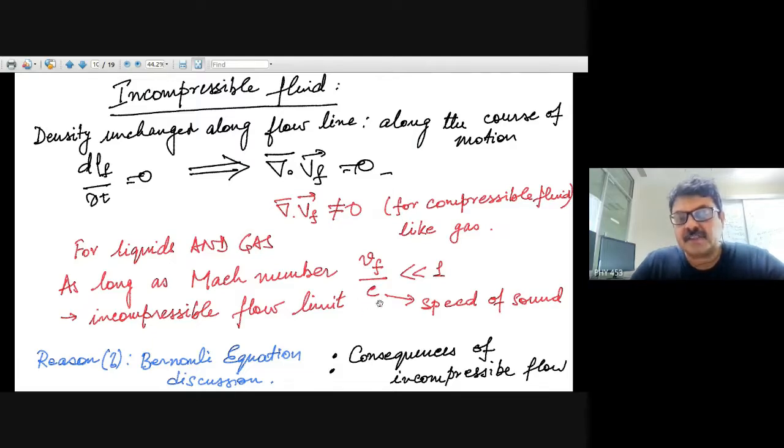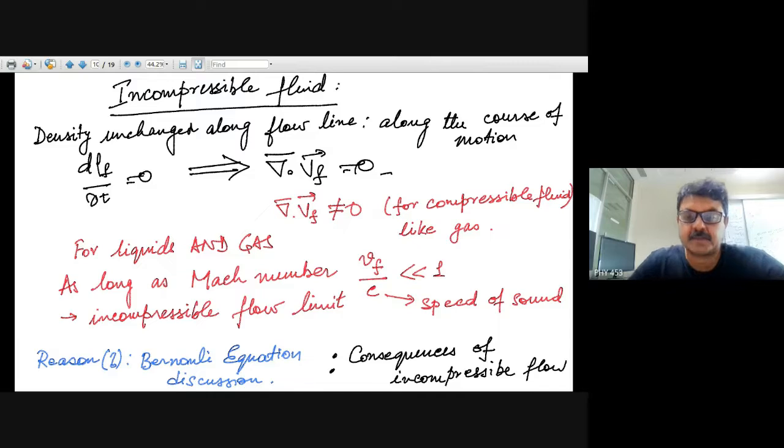If this ratio, velocity of fluid by velocity of sound in the fluid, is much lesser than 1, and this ratio is a dimensionless number called the Mach number. You might have heard of the Mach number when the plane is moving at speeds comparable to the speed of sound in that medium, right? And then you can talk of the plane flying at 0.5 Mach, and fighter jets fly at, I don't know, Mach 1 and Mach 2 and so on.